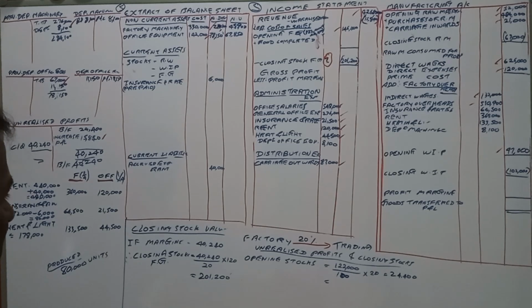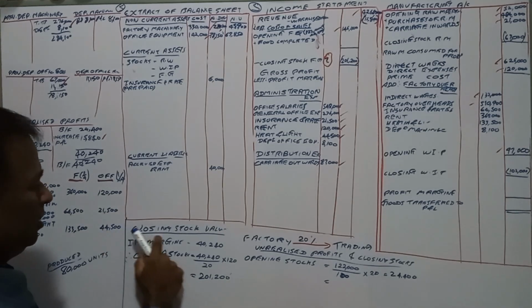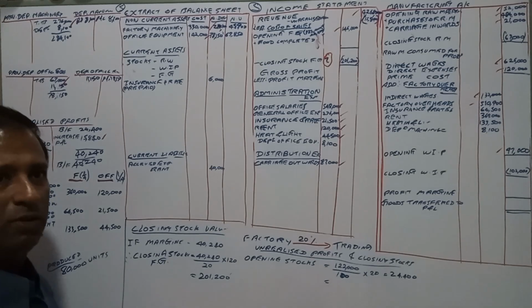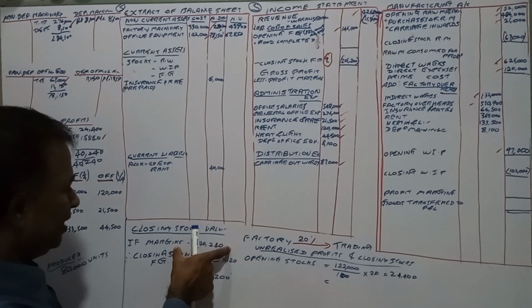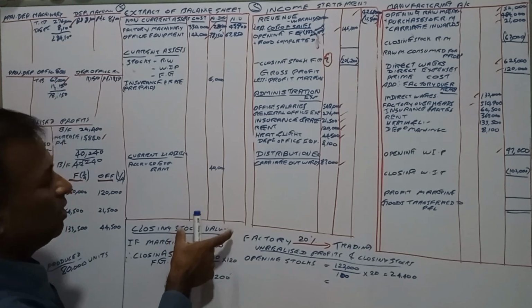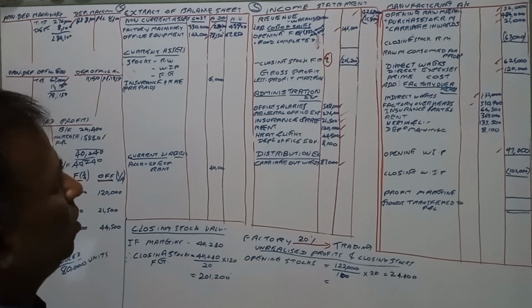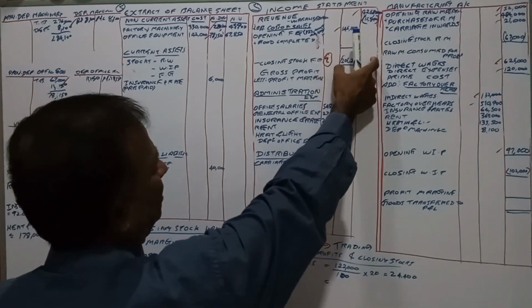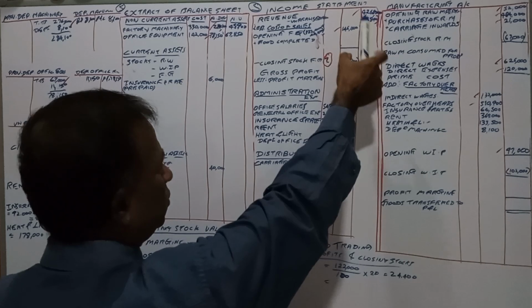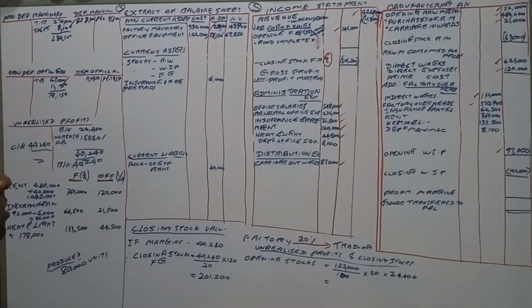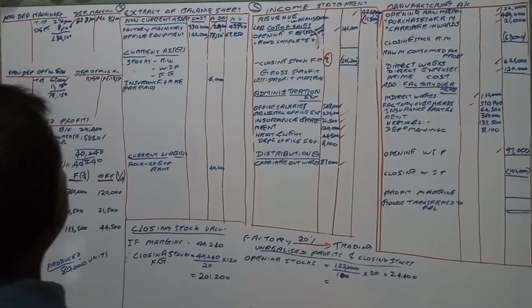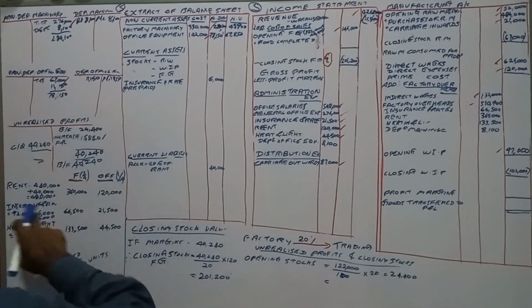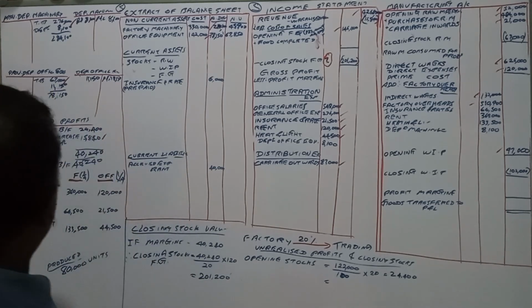Understood? This is the way of calculating the closing stock, because in the exam question paper they haven't given the closing stocks of finished goods. So you get stuck here, and you are compelled to calculate the closing stocks. What information is available?